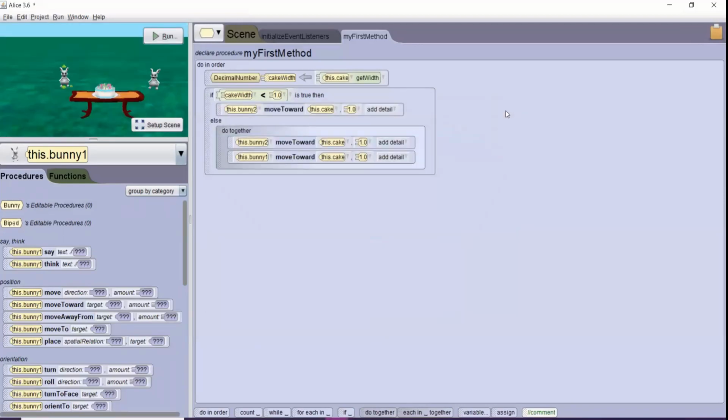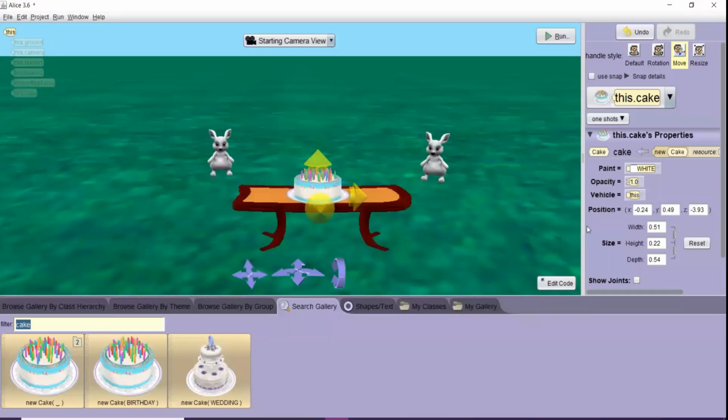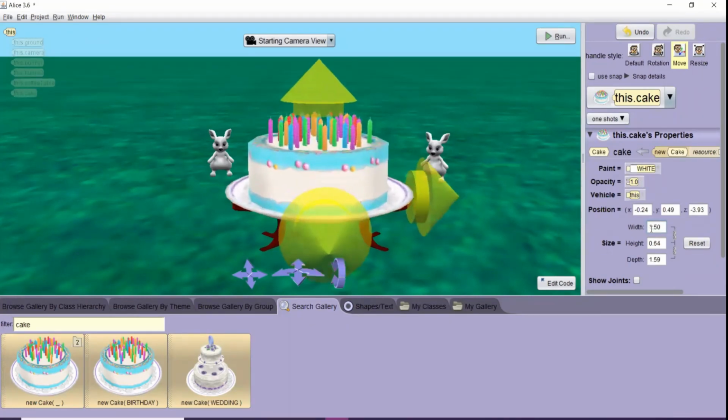Kenapa? Sebabnya kita akan check balik berapa kita buat this one. Dia punya width. Okay, pergi ke setup, kita tengok width dia adalah 0.51. Okay, andai kata width ni you pergi buat 1.5. Okay, kita width dia besar, contoh.